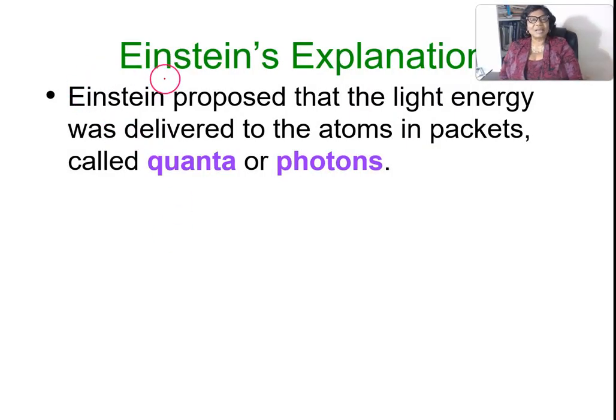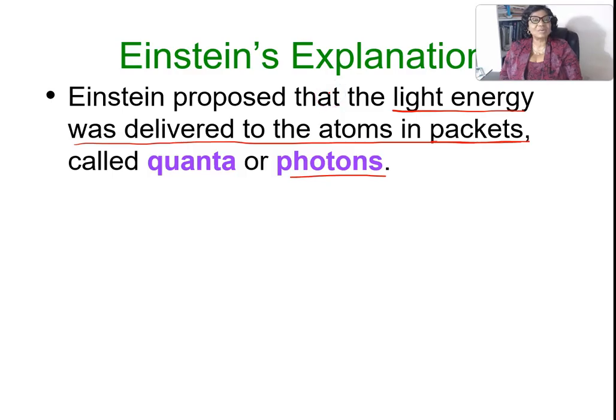So, Einstein's explanation of this photoelectric effect. Einstein proposed that the light energy was delivered to an atom in packets. And he called this packet a quantum or a photon.